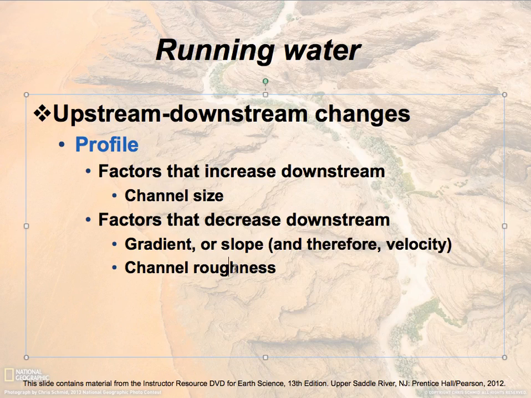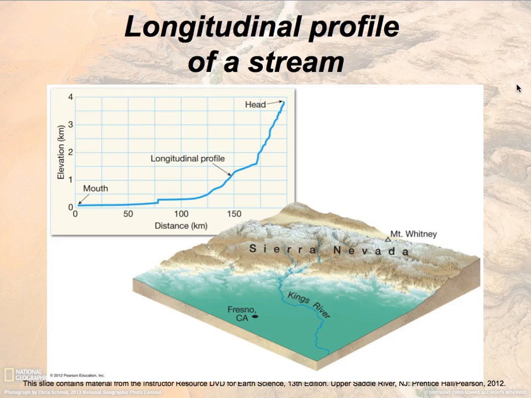Channel roughness also decreases, as more water moves through, the erosional capacity of that water increases, and stream channels are typically much smoother.